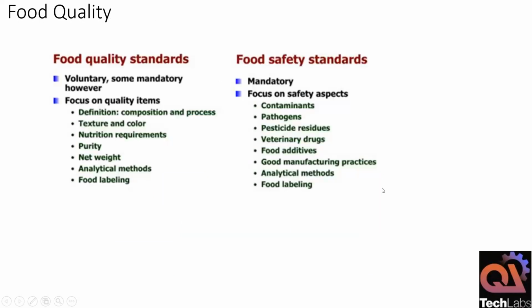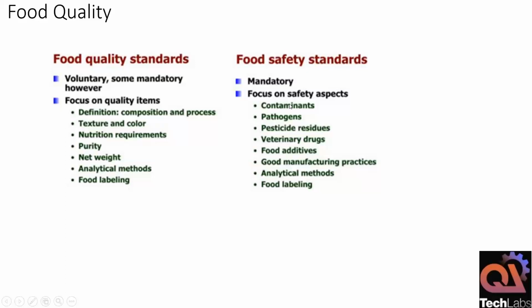Food quality. Food quality standards, food safety standards. Some voluntary, some mandatory. Focus on quality: composition, process, texture, color, nutrition, purity, weight, analytical methods, food labeling. How you evaluate quality analytically.